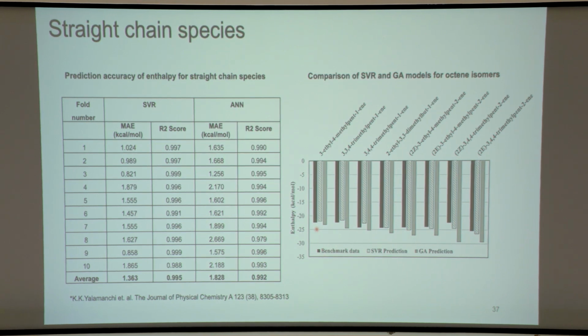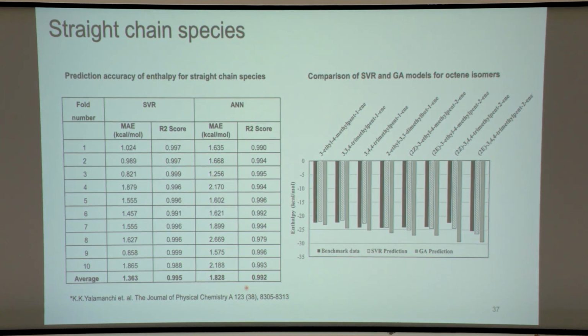And you can see here that these machine learning models are fairly more accurate than what you can get from group additivity. And again, this is group additivity done by us, where we made sure all the values were correct in terms of all the different types of interactions. And as you go to more highly branched molecules, the group additivity has larger errors, even 5 kilocalories per mole or more against benchmark data. And machine learning is always within 1 kilocalorie per mole, 1 to 2.